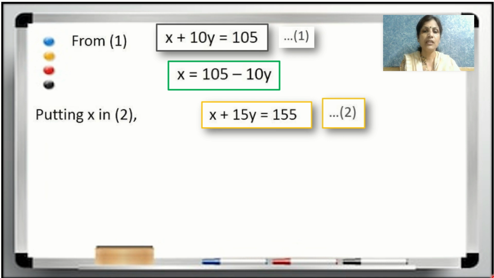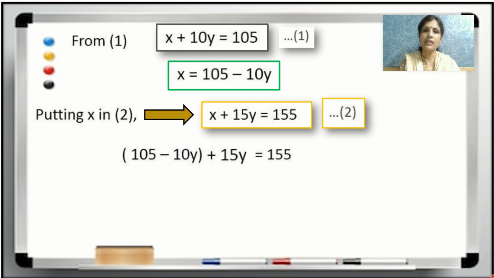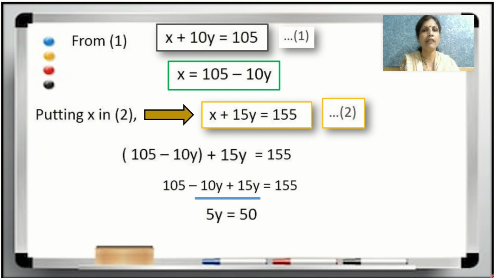So we will have 105 minus 10y plus 15y is equal to 155. Minus 10y plus 15y is 5y. So 5y is equal to, shifting 105 to the right side, 50, and that will give us the value of y.